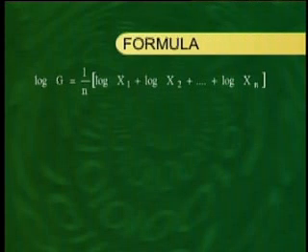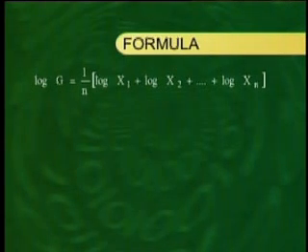Taking logarithms to the base 10, our formula becomes log of g is equal to 1 over n times log of x1 plus log of x2 plus so on up to log of xn. ये इसलिए कि जैसा कि आप पहले से जानते हैं, जब भी किसी प्रोडक्ट का लॉग लिया जाता है तो वो सम में कन्वर्ट हो जाता है.